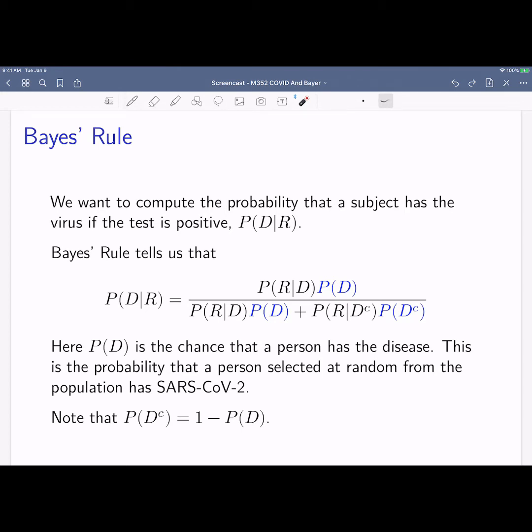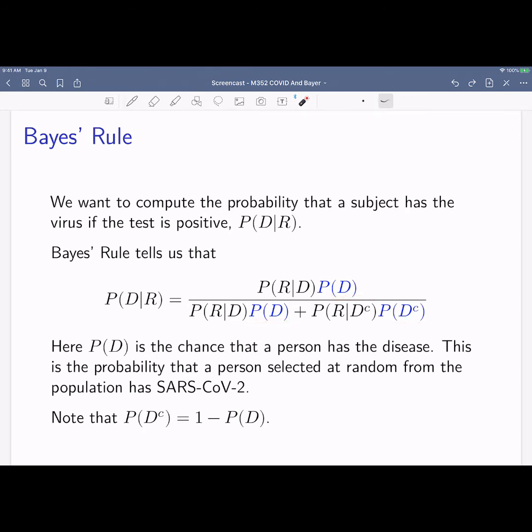So I've colored blue the terms of the Bayes expansion that involve P(D), which is the probability or the chance that a person has the disease. Okay, so we have here the probability the person has the disease, and here's the probability that they don't have the disease. And the probability they don't have the disease is 1 minus the probability they have the disease. That's why I'm grouping these three together.